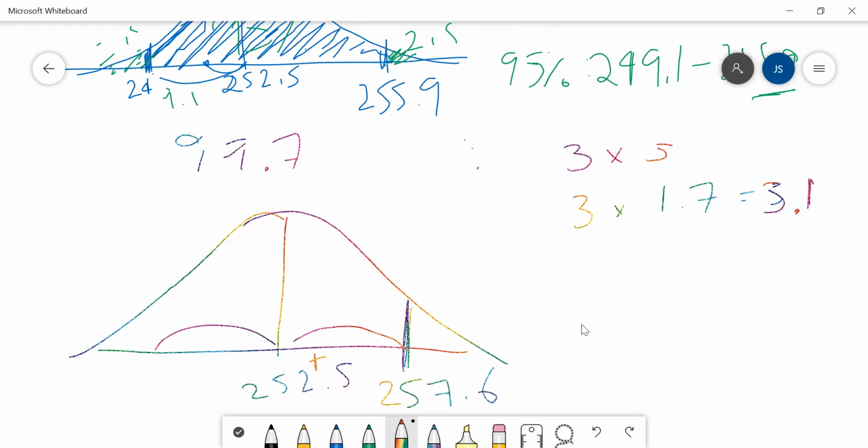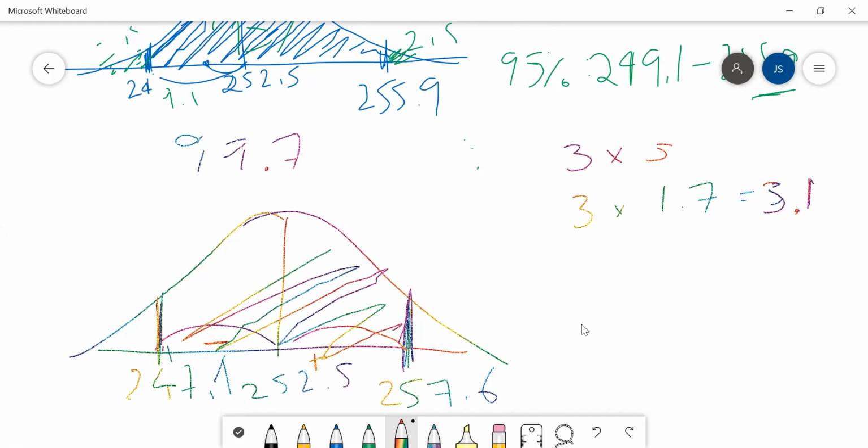And 3 lots of standard deviations subtracted from 252.5, take away 5.1, is 247.4.